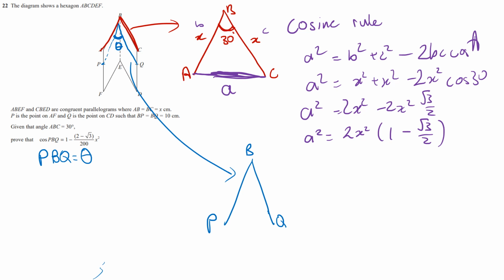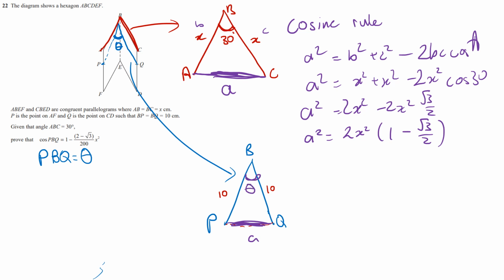So length BP is 10 centimeters and BQ is 10 centimeters. I didn't work out the base length, but the base length of this triangle squared is 2x squared times 1 minus root 3 over 2. So the thing I'm looking for here is the angle at B, which is theta.